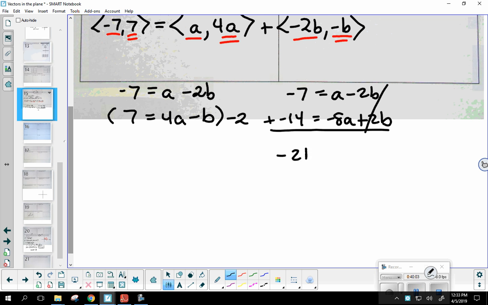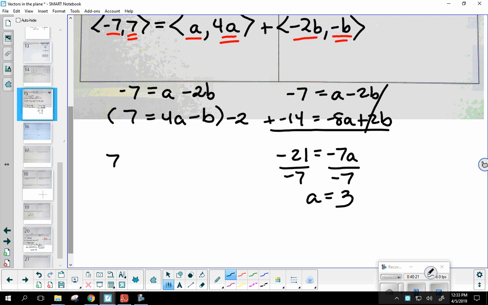-14 plus -7 is -21, which is equal to -7A. So when I divide through, A equals what? 3. Now all I have to do is plug back into one of my original equations.